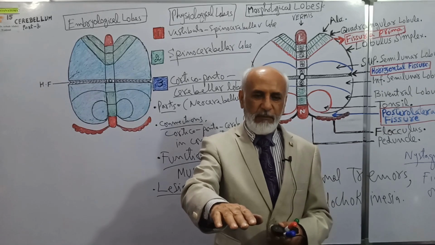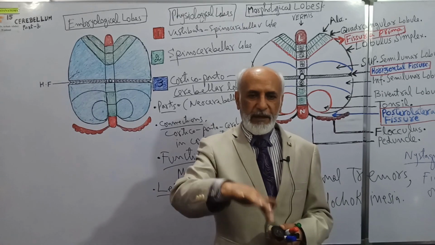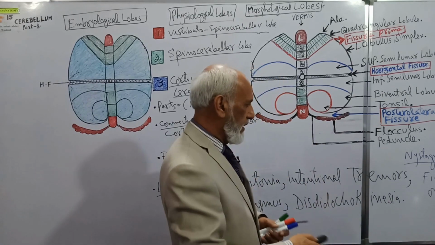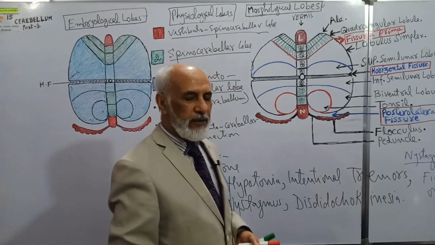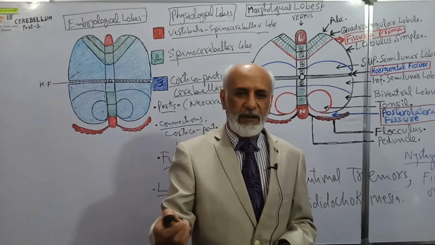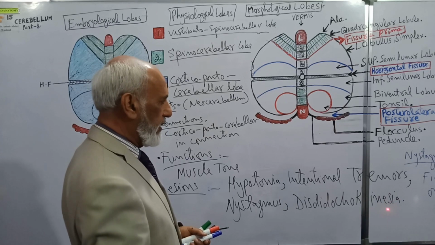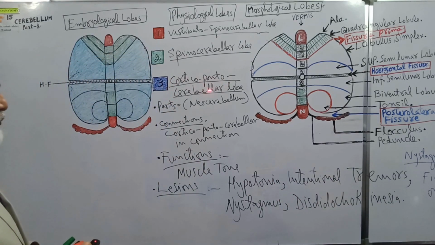If you ask a normal person to do it rapidly, he can supinate and pronate the forearm rapidly. But this patient cannot perform these movements repeatedly and fast. Such a condition is called dysdiadochokinesia. So these are the effects of lesions of this third lobe, the corticopontocerebellar lobe, functional lobe. It is nothing but the neocerebellum, and what are its connections.